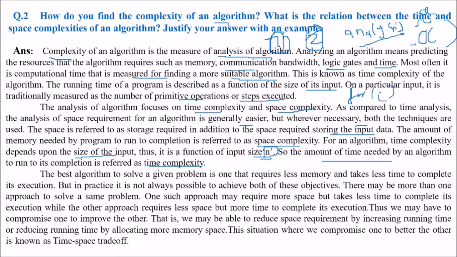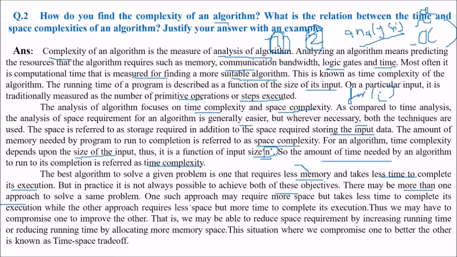The best algorithm to solve a given problem is one that requires less memory, that is, space complexity should be less, and takes less time to complete its execution. That means the time complexity also should be best. But what happens in practice? It may not be possible to get both, because we have more than one approach to solve a certain problem.